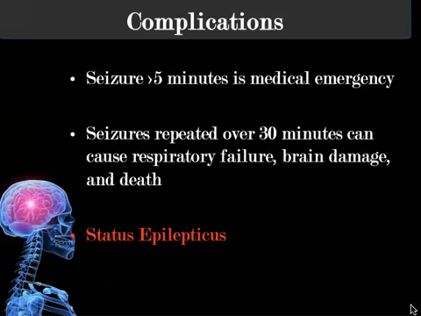The old adage is stick a tongue blade in people's mouth so they don't bite their tongue or swallow their tongue. All that's garbage. You have to really worry about people not maintaining their airway in terms of head positioning, in terms of vomiting, in terms of excessive frothy secretions. So just be very mindful of how you would manage individuals who develop respiratory failure. And you always have to think about airway, breathing, circulation, the ABCs that we talk about all the time, but certainly airway.